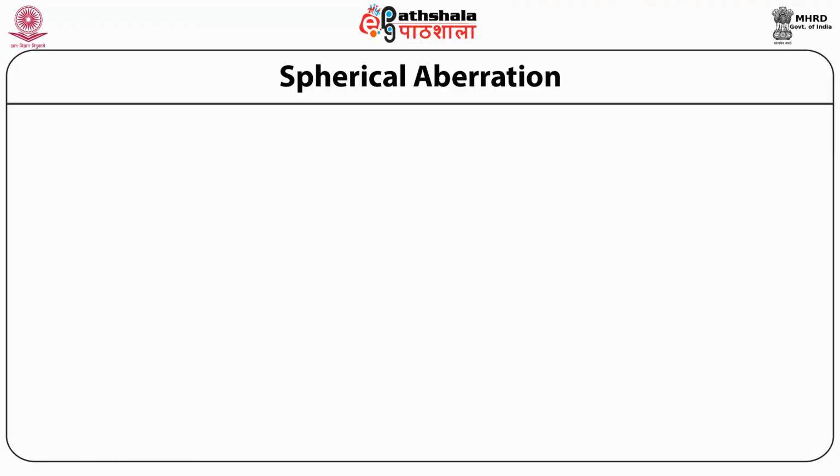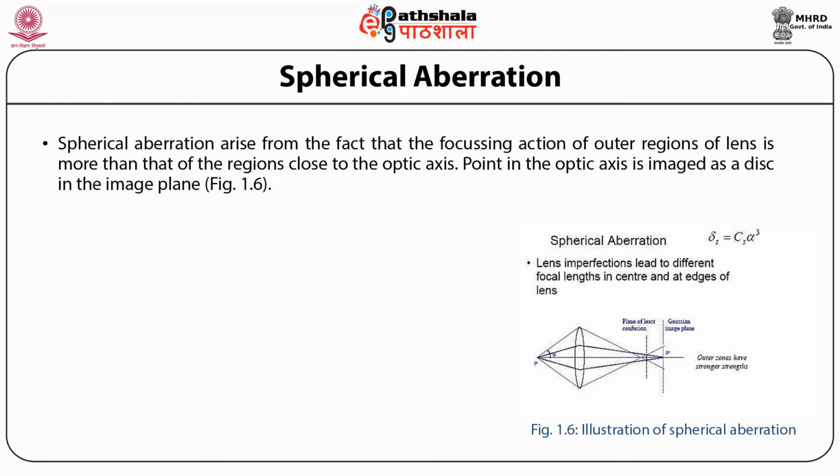Now students, we should consider the first kind of lens aberration, that is the spherical aberration. Spherical aberration arises from the fact that the focusing action of outer regions of the lens is more than that of the regions close to the optic axis.